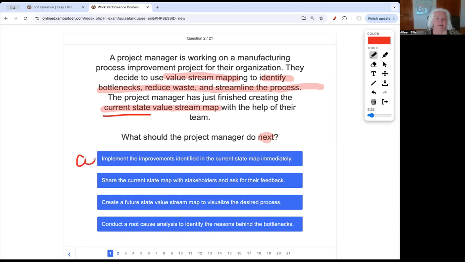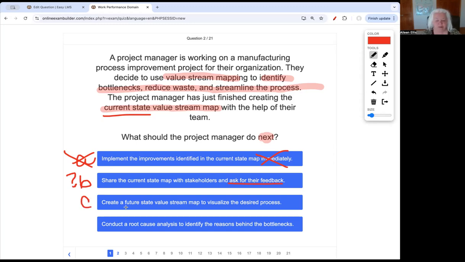A says implement improvements in the current state map immediately. First, I don't like the word immediately. Usually it's a wrong answer. Not always, but this is not the next step to implement improvements. B, share the current map with stakeholders and ask for their feedback. Yeah, I'm hoping for something better.